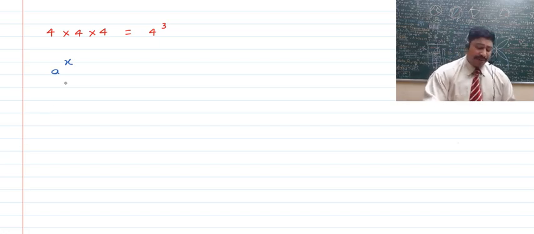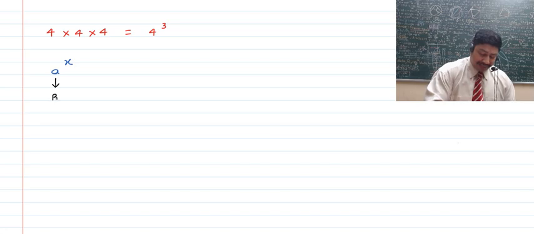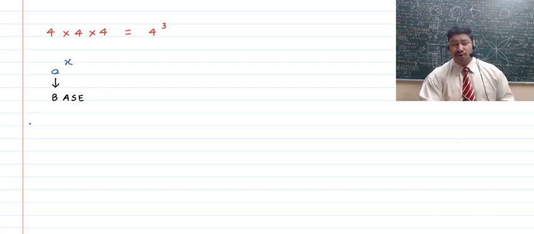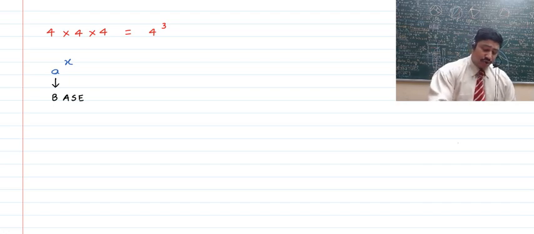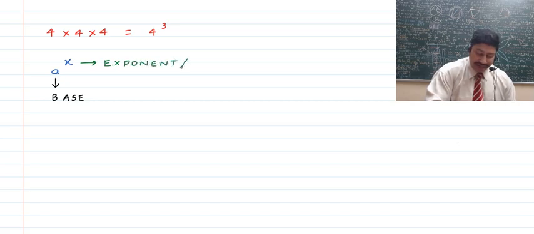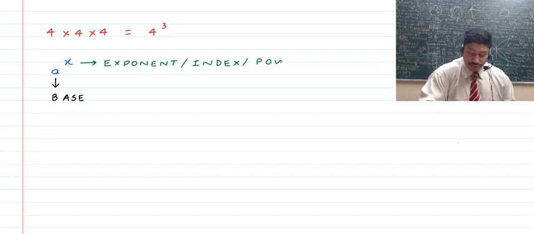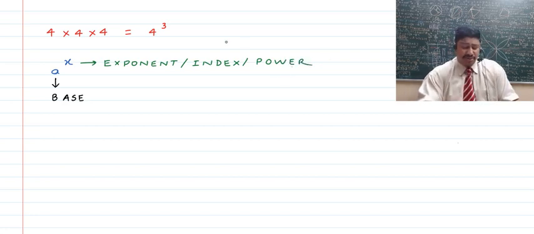You have to remember here that whenever we talk about this, a is the base. And the number in the superscript, we call the exponent, or we can even call it the index, and in certain cases it is also said to be the power.